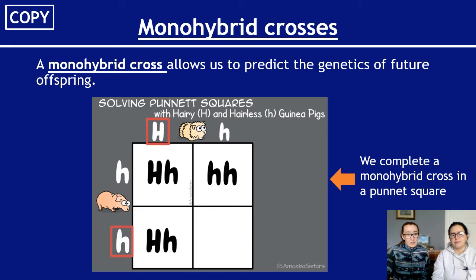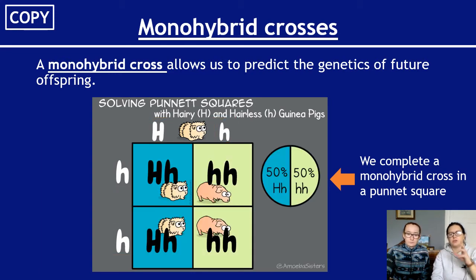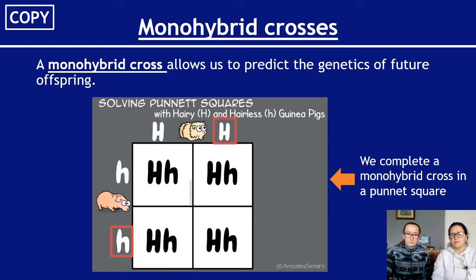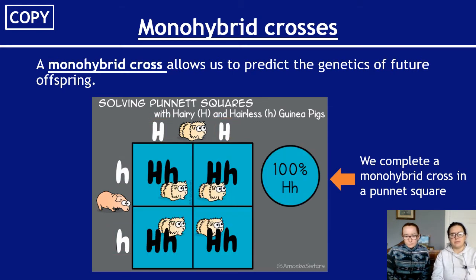Homozygous recessive. And again, this is showing the chances of producing each type of offspring. And this is showing two homozygous parents, a homozygous dominant and a homozygous recessive. And those are the ratios that you get.